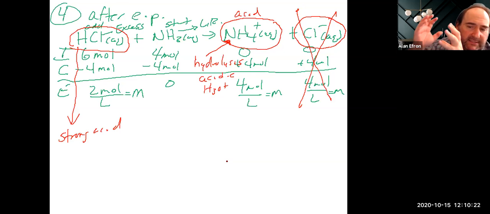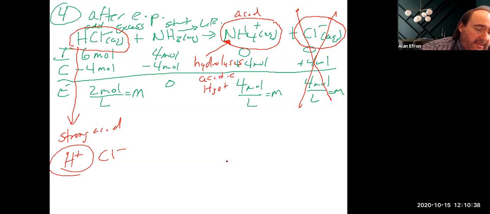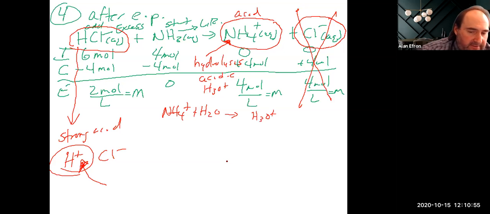Once that HCl goes into the solution, so when you open up the burette and dump that HCl into the beaker, it is just going to hit that solution and break apart into H plus and Cl minus. It is going to end up being the major contributor to H plus in that solution, because our NH4 plus has to go find a water and do a little reaction to produce some H3O plus.